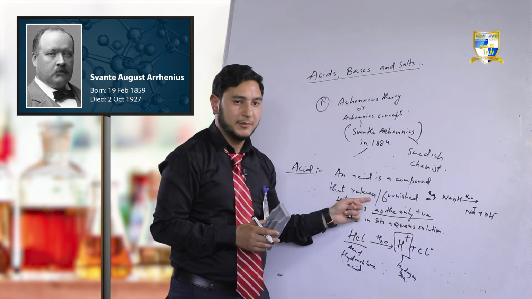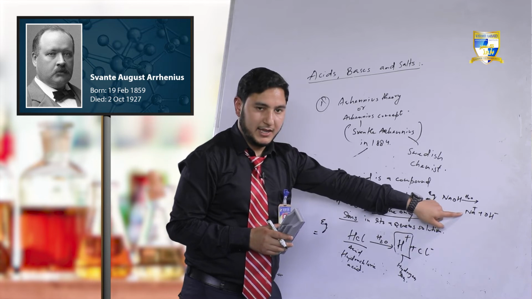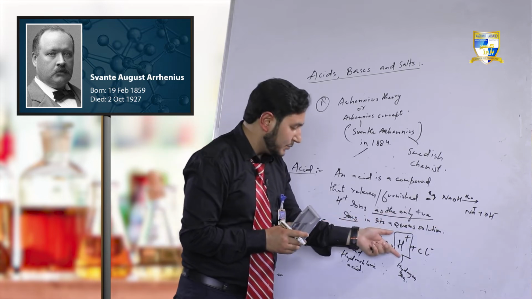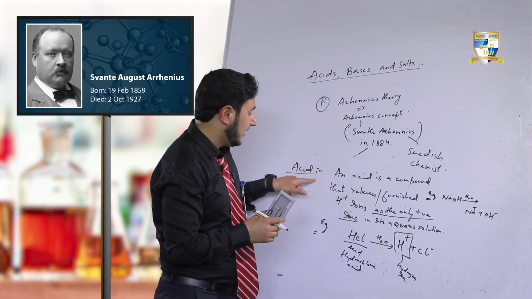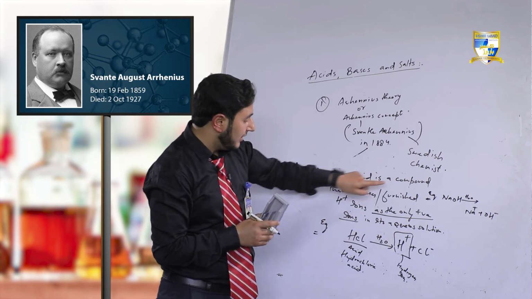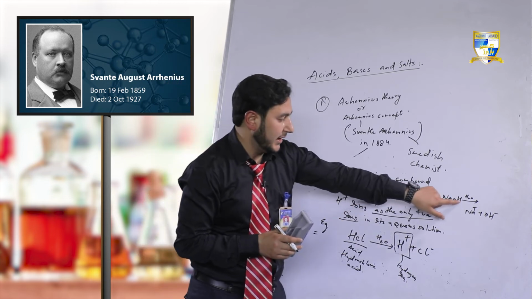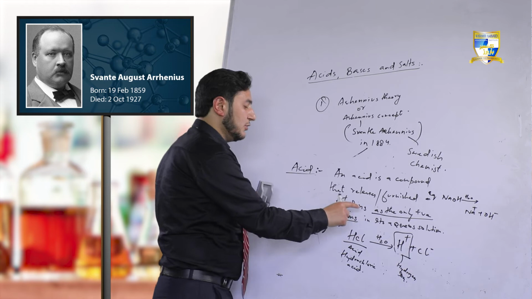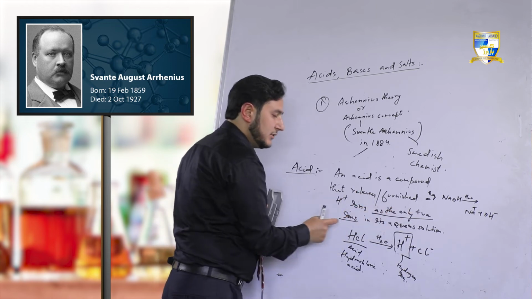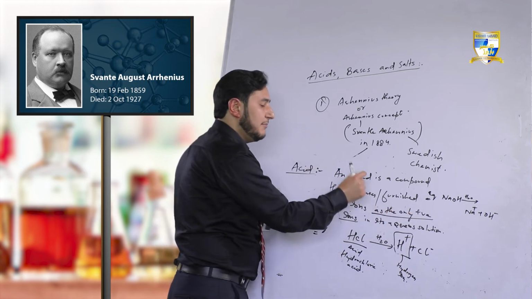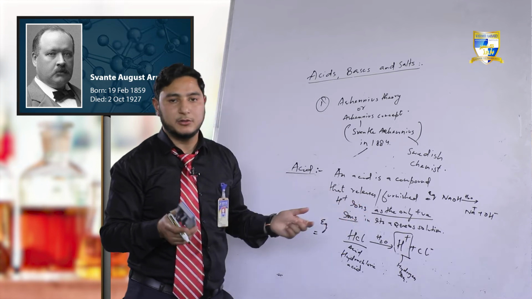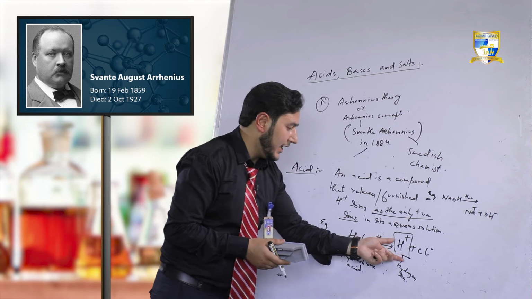According to Arrhenius, it should furnish H positive ion. NaOH has a positive ion, but it is not H positive. That's why I wrote as the only positive ion. The positive ion should only be H. It cannot be other than H. It cannot be Mg positive. It cannot be Ca2 positive. It should only be H positive.